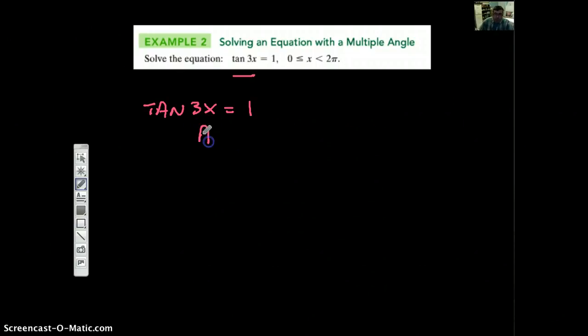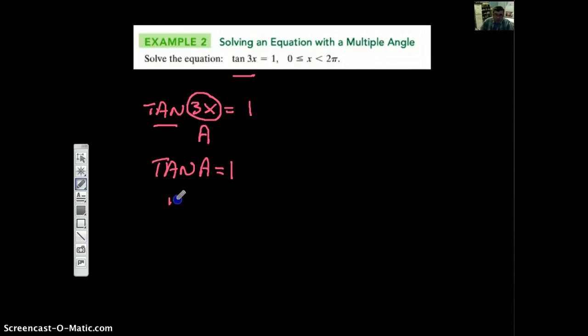So here's what I would do. I would just substitute the 3x, take that out and put a in its place. So tangent of a, let me write that. Tangent of a is equal to 1. Now where is tangent 1?